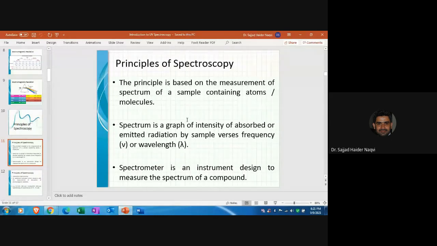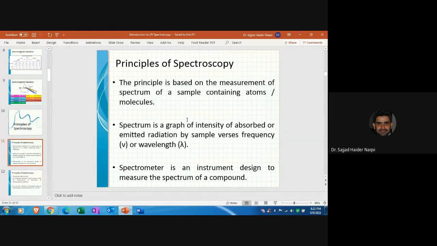And as I said, the principle is that you have a light source, or you have an electromagnetic radiation with a known frequency and a known wavelength, and with a known intensity as well. And then this light or electromagnetic radiation will be passed through the sample, and the sample does have atoms or molecules, whatever, and they are going to absorb some of the light.